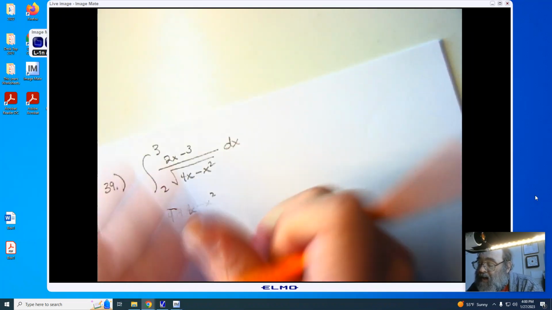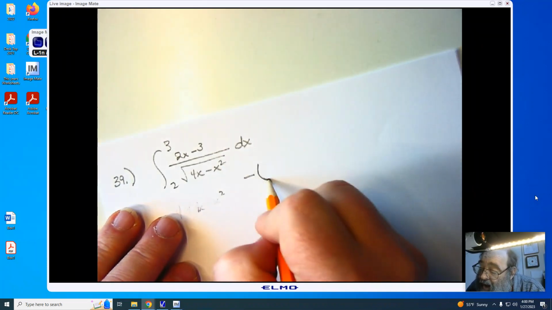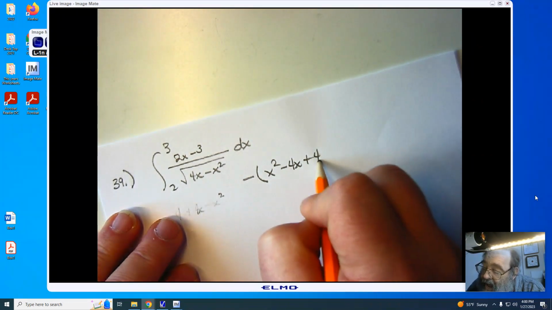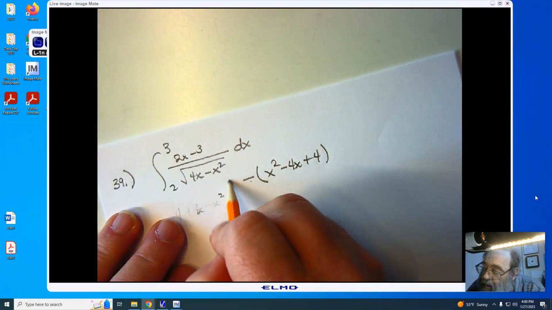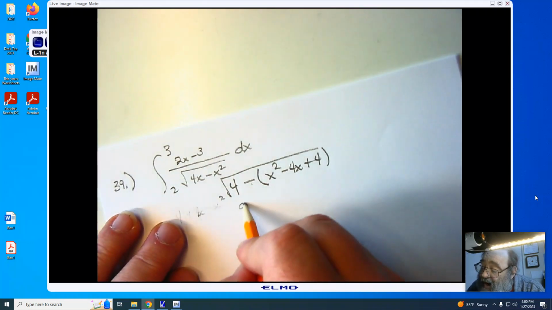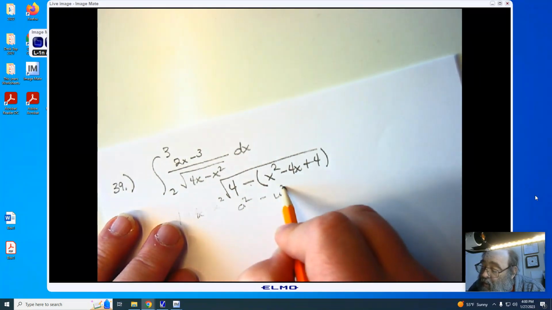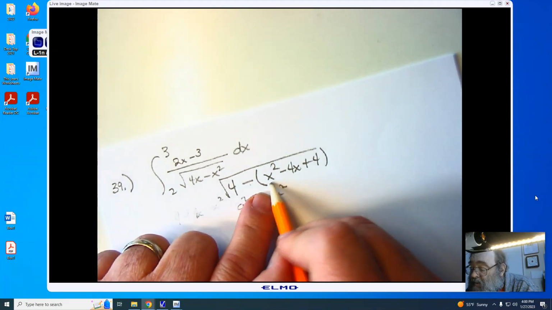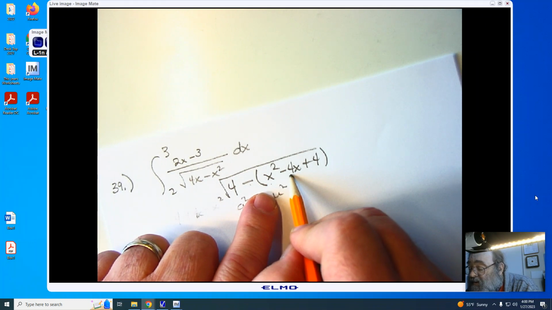So I'm going to look at this and I'm going to say negative of x squared minus 4x, allowing me to add 4, which is really minus 4, which means that I am adding 4 there. I can see I have a squared minus u squared, but I also see that I have a 2x squared minus a 4x.